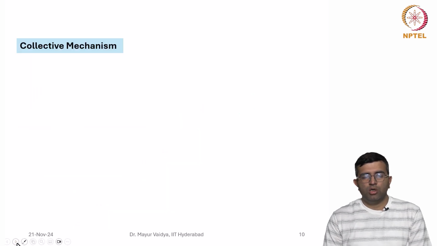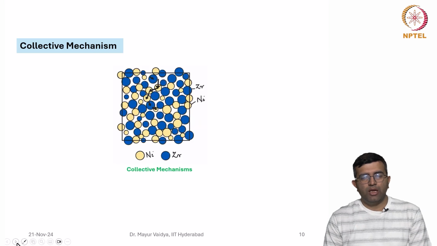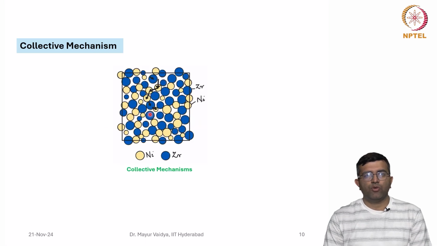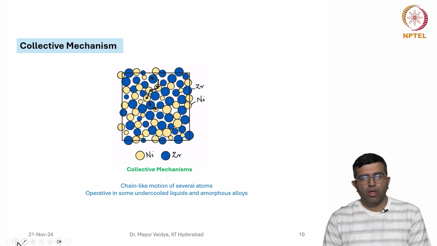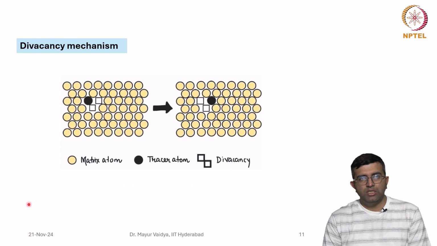There is also what is known as the collective mechanism, where there is a collective movement of atoms, and this is more common in amorphous materials or glasses, where the periodic structure is not present. This is a schematic shown for a zirconium nickel glass. So it is a chain-like motion, and as I said, operative in undercooled or amorphous alloys.